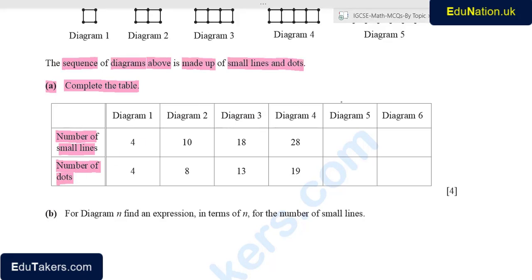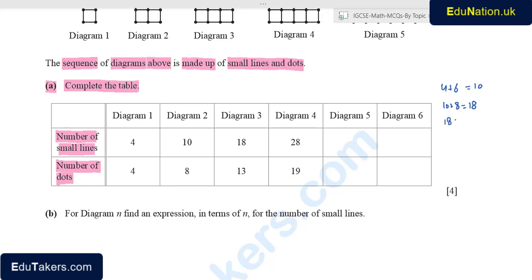The number of small lines for diagram 1 is 4, then 10. This is 4 plus 6 is 10. Next is 18, which is 10 plus 8 is 18.